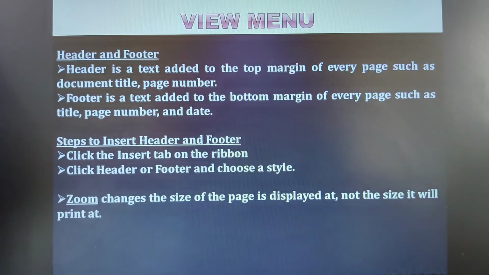Similarly, we have the footer. The footer always appears at the bottom of your page, wherein you can add the date, page numbers, the department, or any additional text if you would like to print it onto your Excel file.